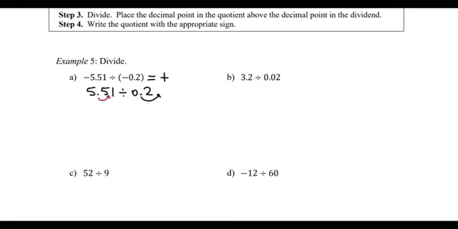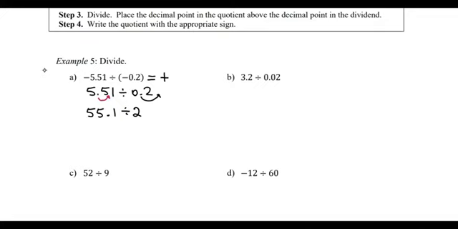All right, so let's rewrite our numbers because I moved the decimal point once on both numbers. Now I have 55.1 divided by 2. All right, now my divisor is a whole number, which is the second number. The number I'm dividing by is a whole number.